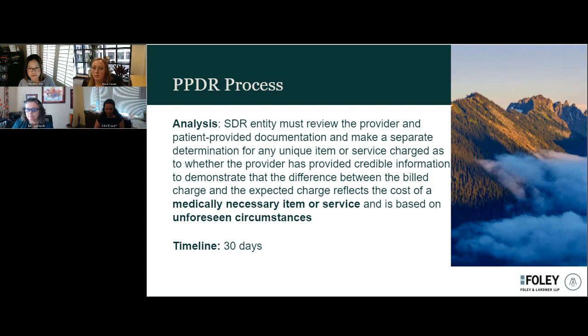If there's anything new, anything that wasn't on the original good faith estimate but is on the billed charges, then the SDR entity needs to see whether there's credible information to demonstrate that the difference between the billed charge and the expected charge reflects the cost of a medically necessary item and is based on unforeseen circumstances. They need to do this within 30 days.